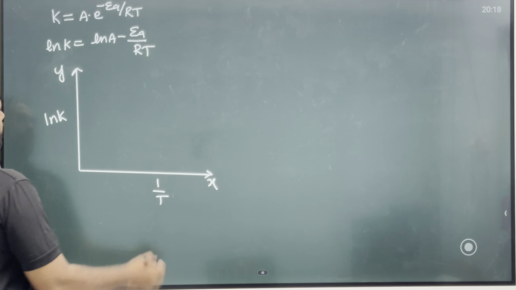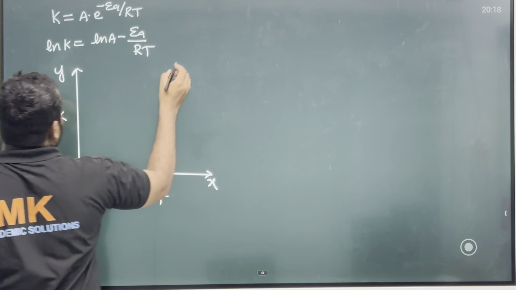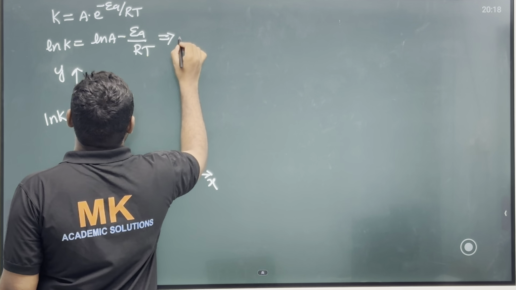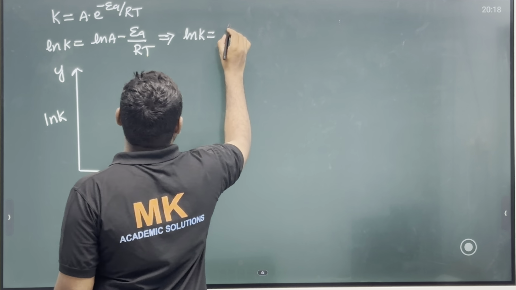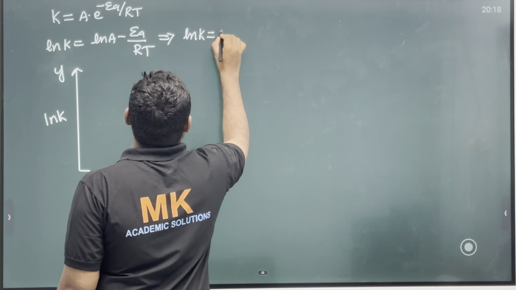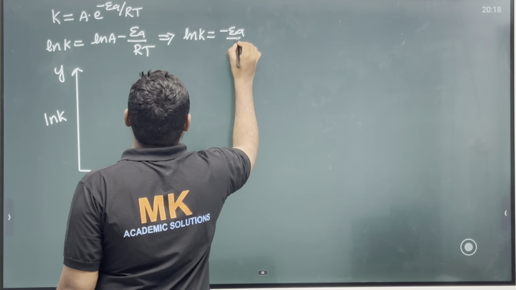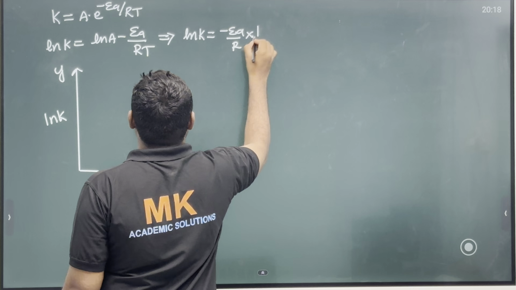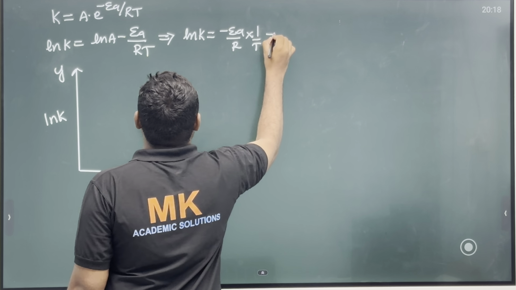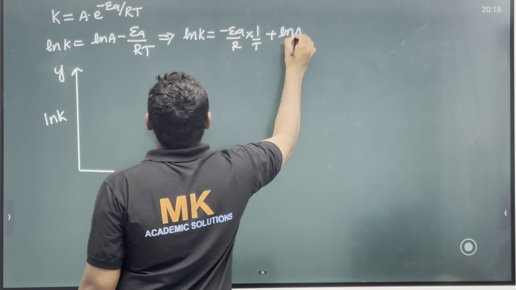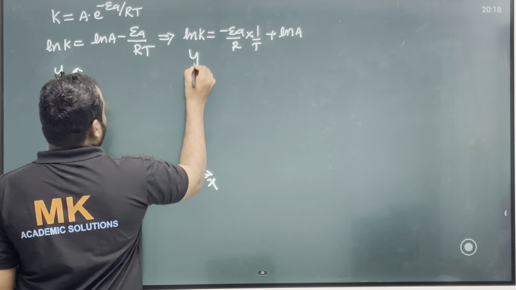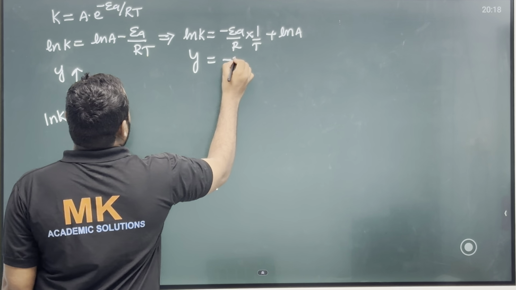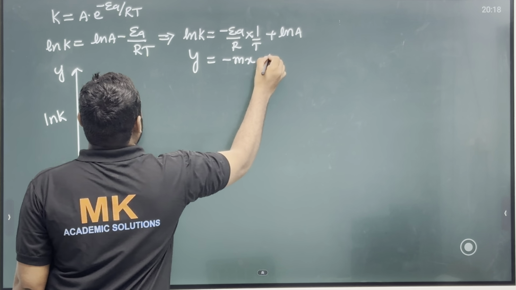Now let us write this as ln k is equal to minus Ea by R into 1 by T plus ln A. In this form you can understand it is just like y is equal to minus mx plus c.